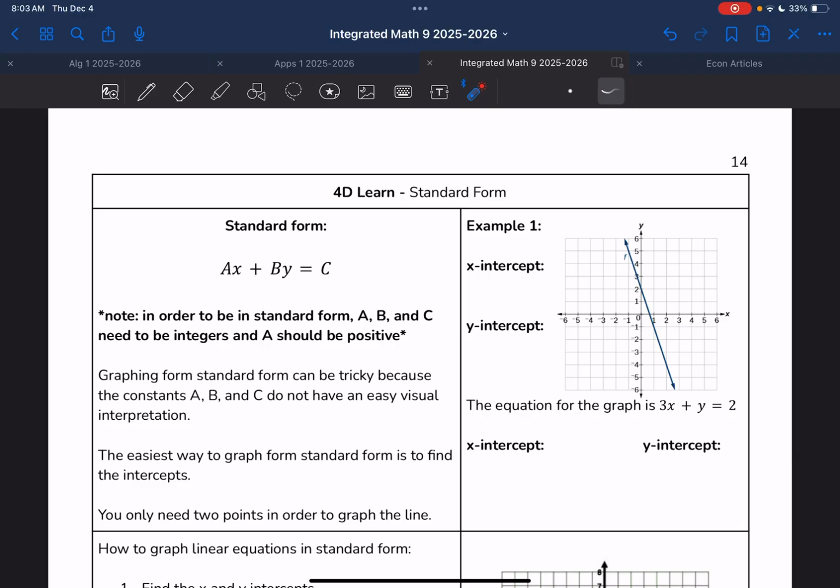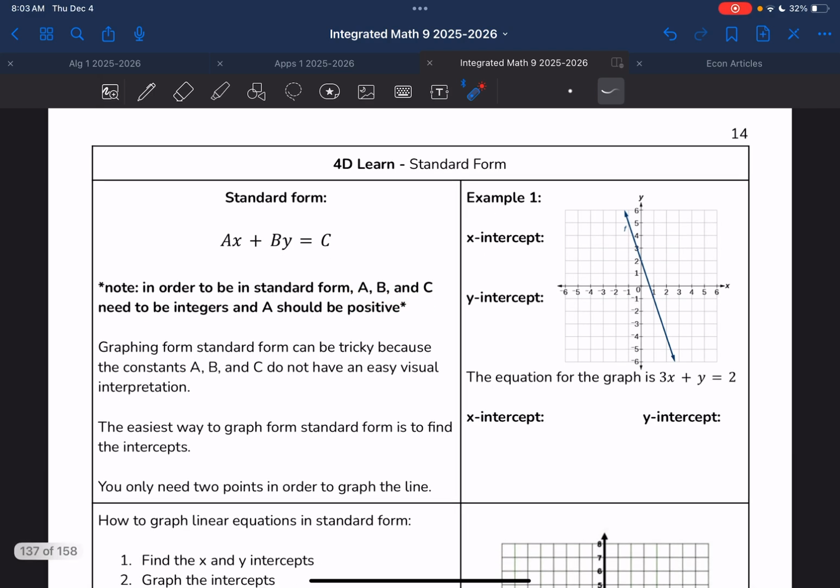If you have fractions, you just multiply everything by the denominator of the fractions until you've converted them all to integers. And if a is negative, you just multiply everything by -1. That's just convention: ax plus by equals c, where a, b, and c are integers and a is positive.